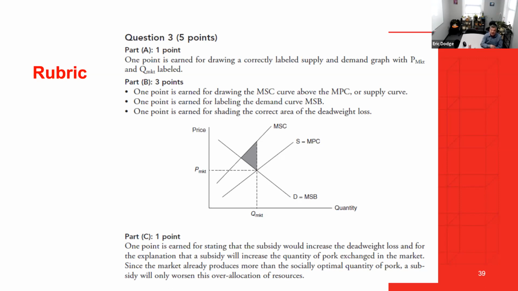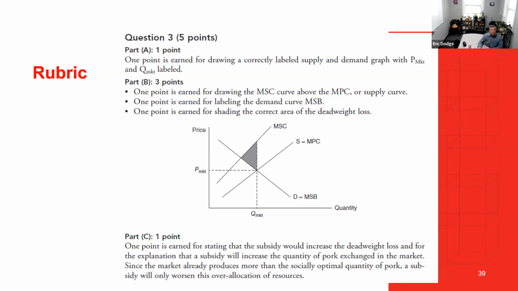We need to move it to the left. So that area of deadweight loss is only going to get bigger as we move further away from the socially optimal quantity. So for this one, it's mostly graphing, but you'll see other questions where it's almost entirely assert and explain for your entire 5 points.